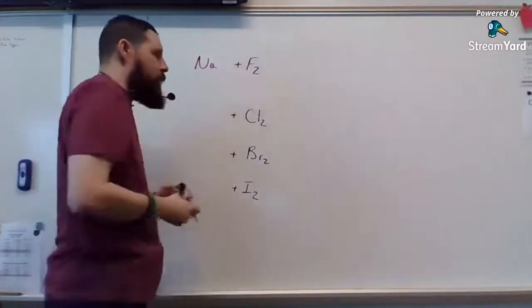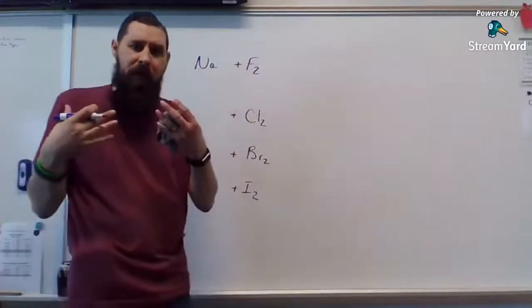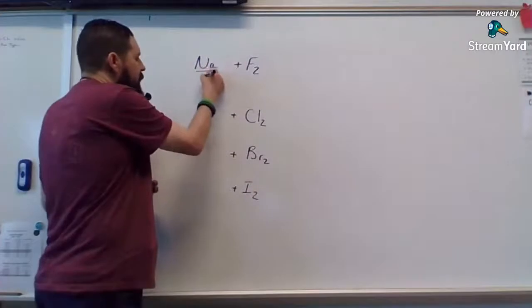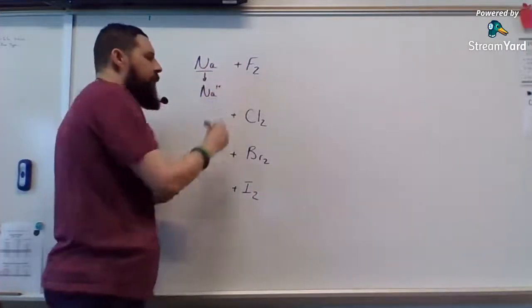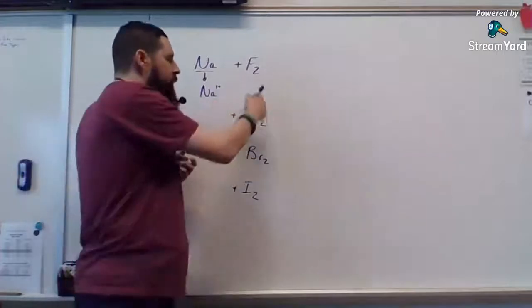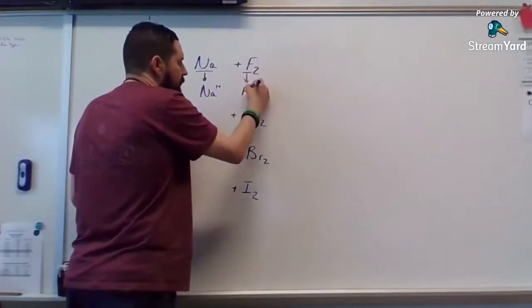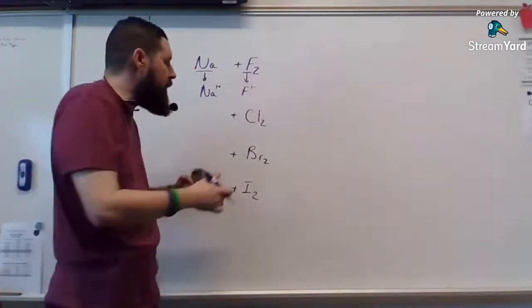If I take a group 1 metal like sodium, just like we did when we combined metal with oxygen, with fluorine we're again going to think about what would be the charge of sodium within a compound. And it's that 1+. Fluorine, as I mentioned a moment ago, because it's in column 17, is going to be a 1- charge.